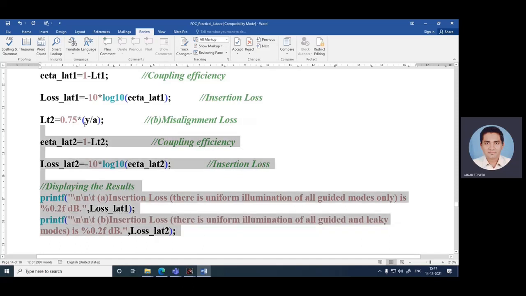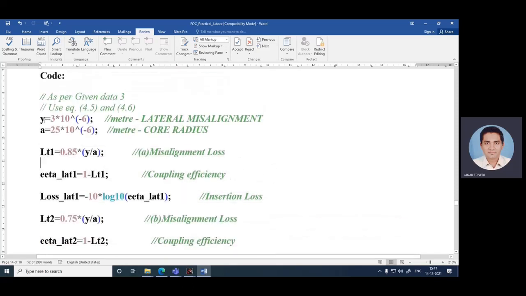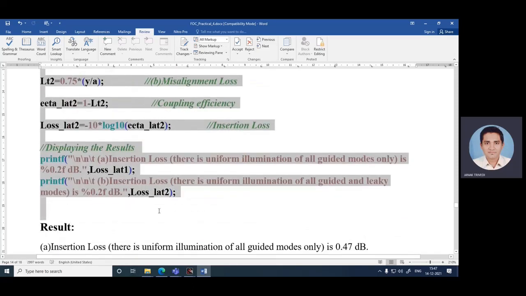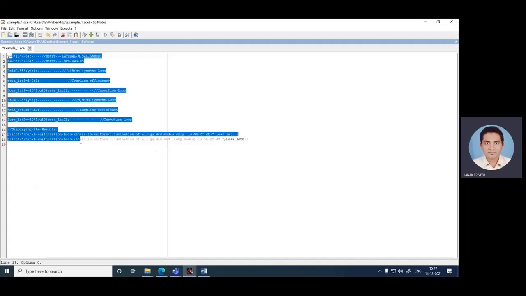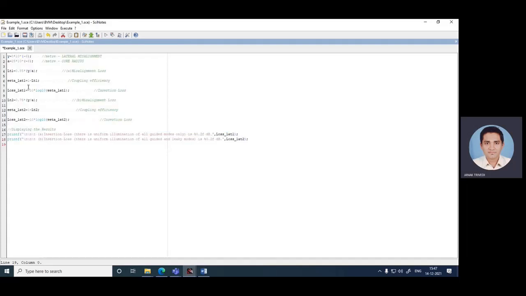Okay, so what is the result in this particular case? That can be checked with the help of Scilab. The same code is executed in Scilab. This is the code, this is the given data, and we use the equations as we have described earlier, and then we click on execute. So save first of all and then run.